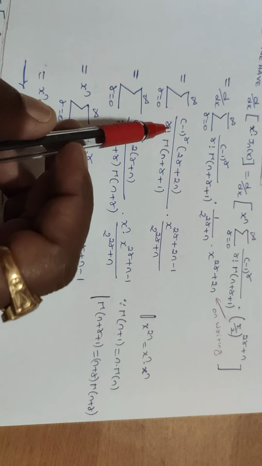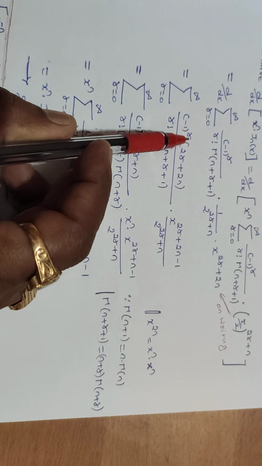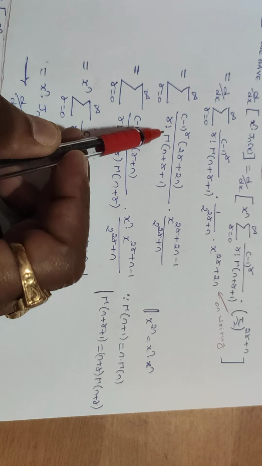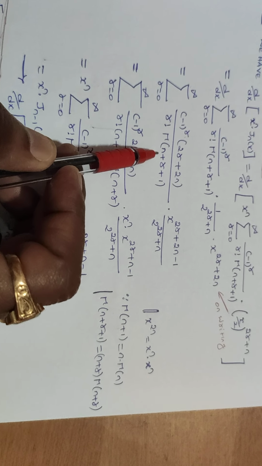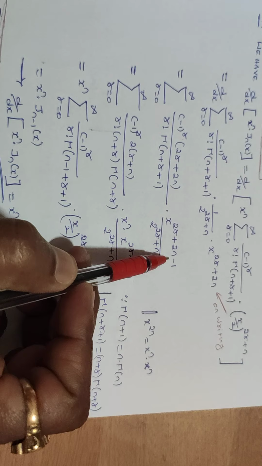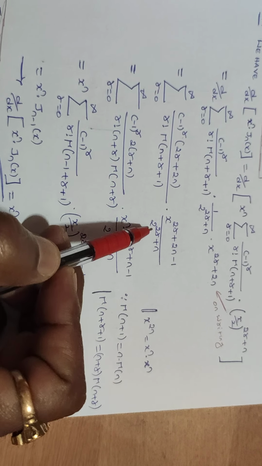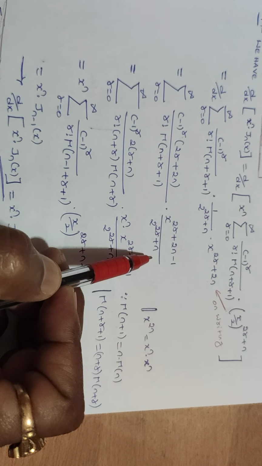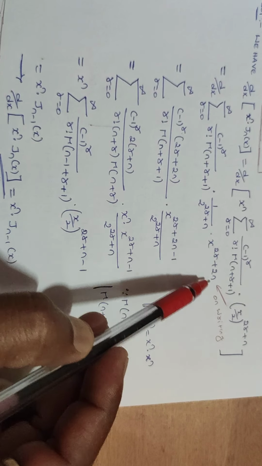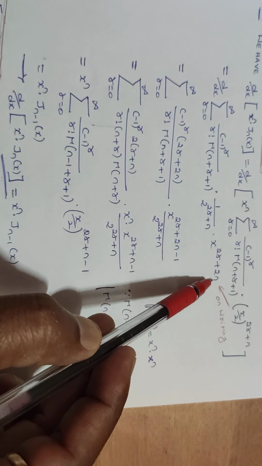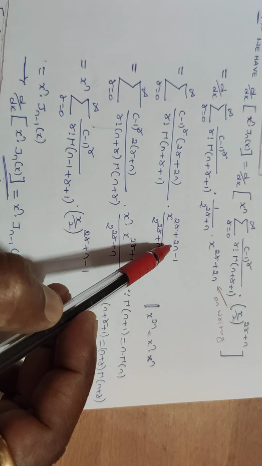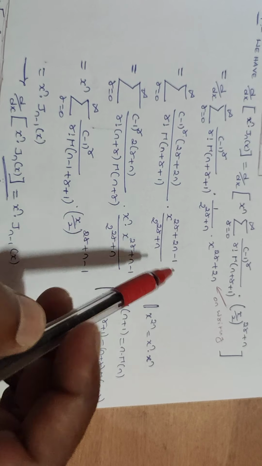So, therefore, minus 1 to the power r into 2r plus 2n divided by r factorial into gamma of n plus r plus 1 into x to the power 2r plus 2n minus 1 divided by 2 to the power 2r plus n. We have differentiated the term x to the power 2r plus 2n, that can be written as 2r plus 2n into x to the power 2r plus 2n minus 1. Rest of the term write as it is.